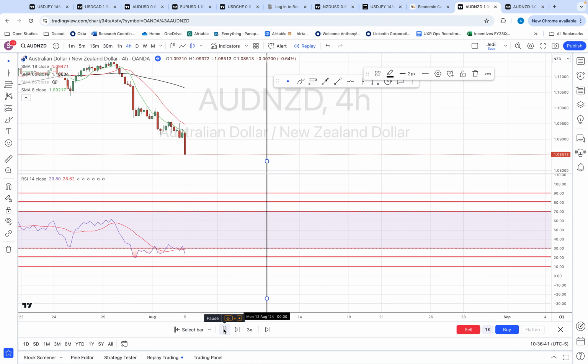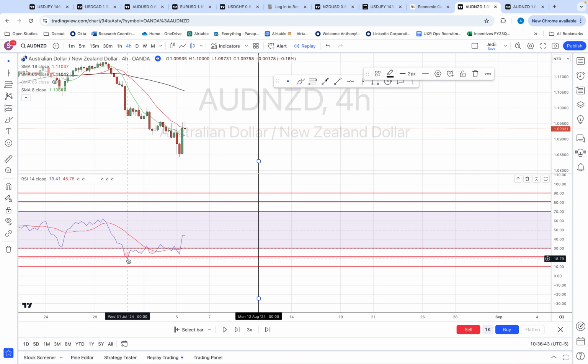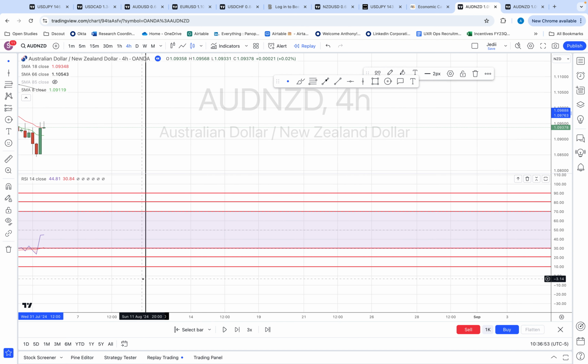You entered a buy just because it was on these levels, right here to shoot up, and it never did, and it just dropped.